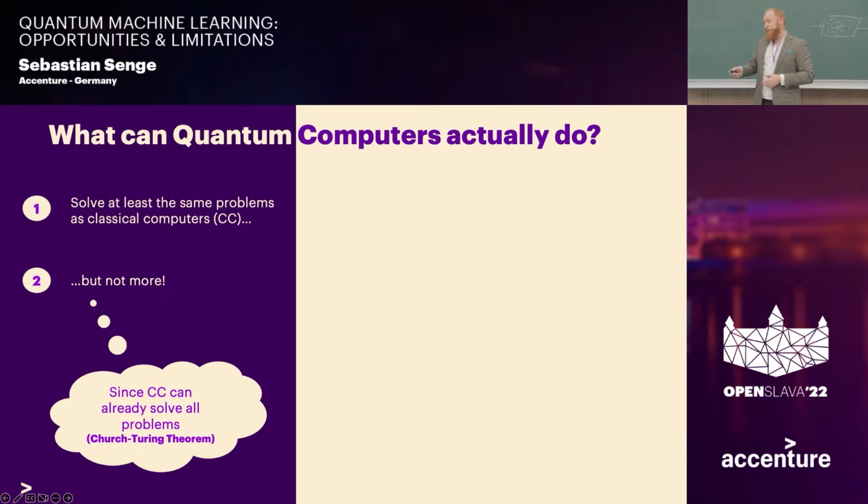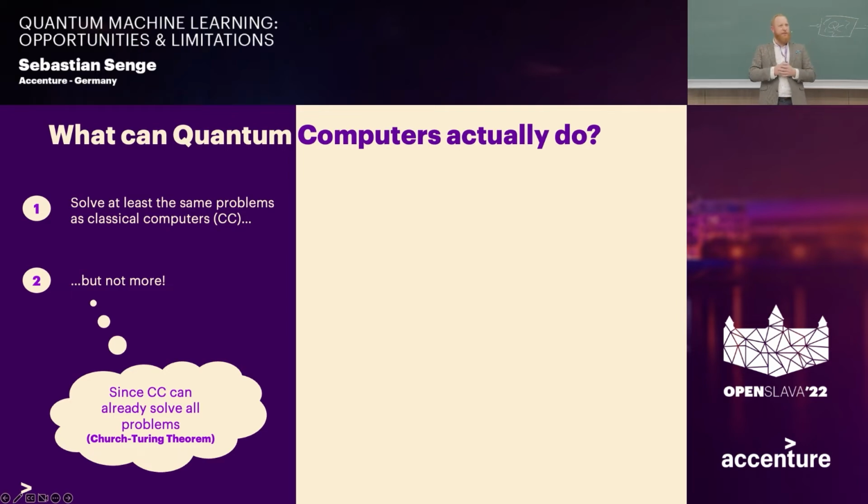As we have defined computational problems as those that can be solved by pen and paper, it has been basically shown that a classical computer can already solve all possible problems. Hence, there couldn't be any additional problem that might be solved by a quantum computer.